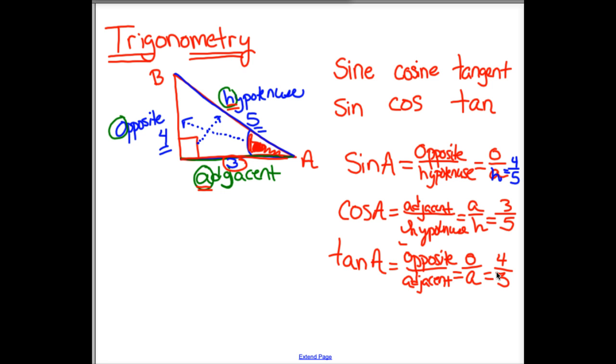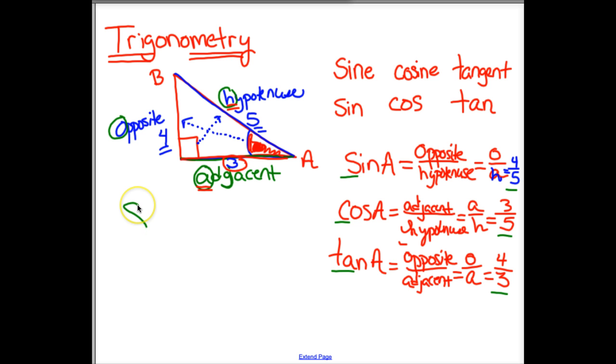These are what we call trig ratios. Trig for triangle, ratio for fractions. So really what we've got here is 3 trig functions that have 3 ratios that go with them. And there's an acronym that makes it really easy to remember.